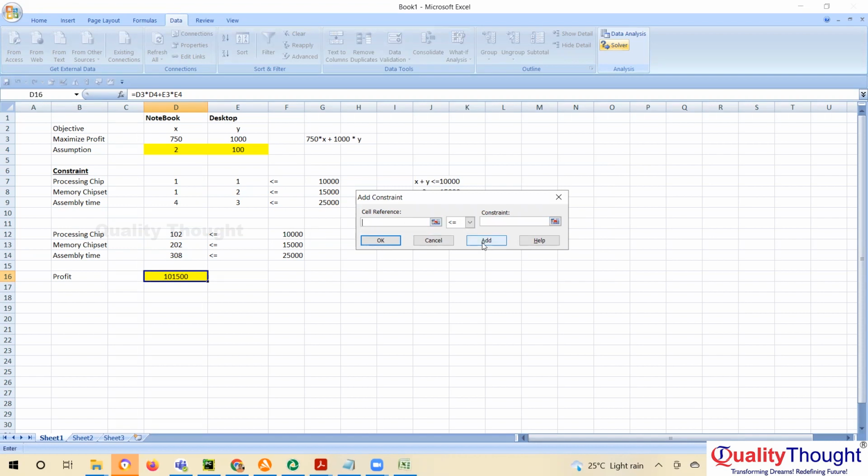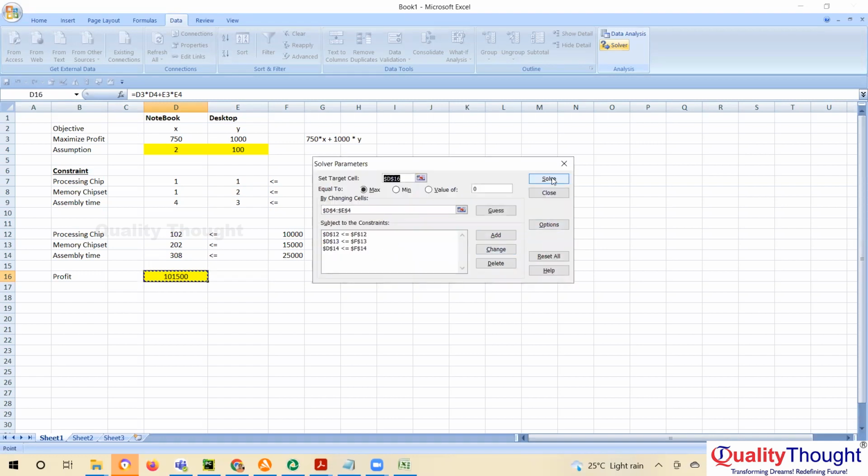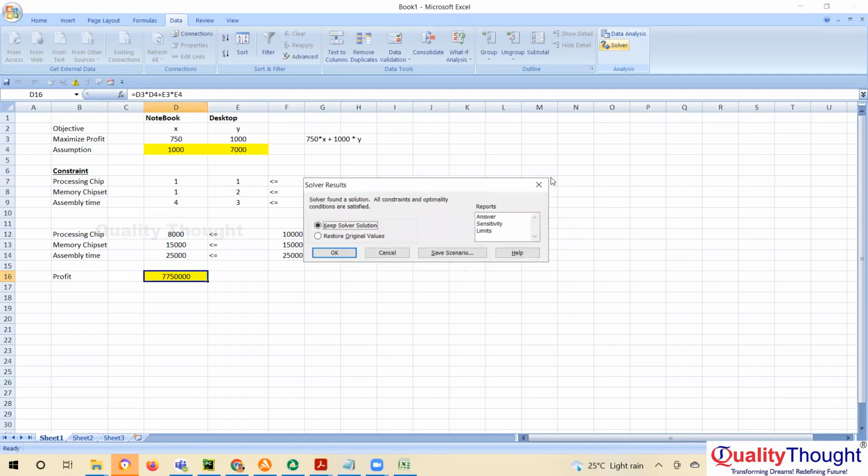Now add one more constraint. D13 should be less than this. Add one more constraint. This should be less than this. Now you say okay, and say solve.